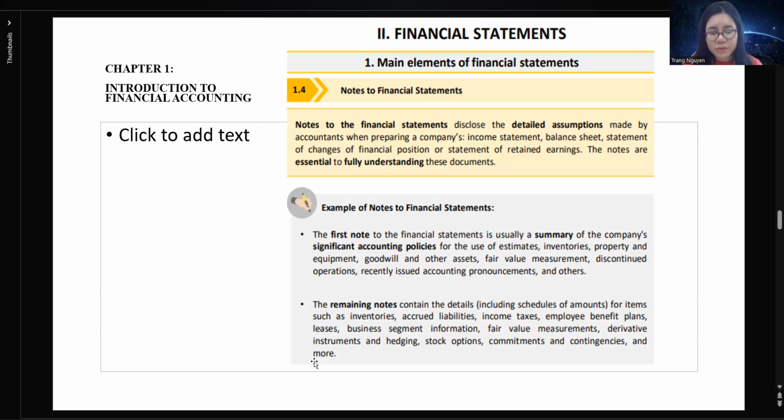And the remaining notes contain the details, including schedules of amounts for items such as inventory, accrued liabilities, income taxes, employee benefit plans, leases, business segment information, fair value measurements, derivative instruments and hedging, stock options, commitments and contingencies, and more.